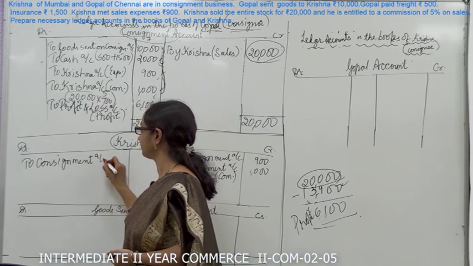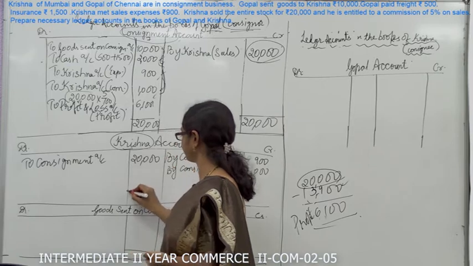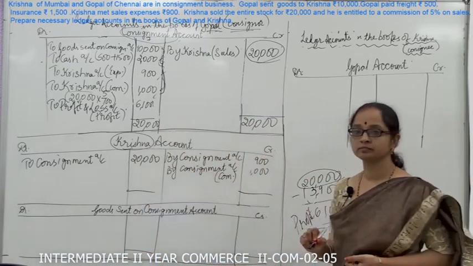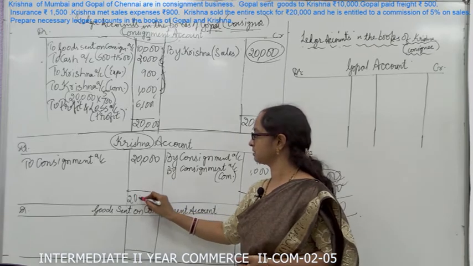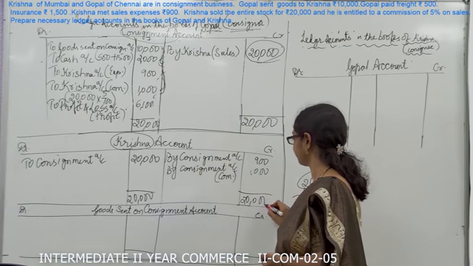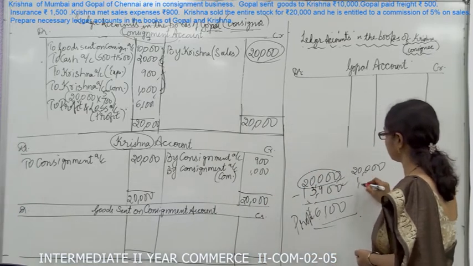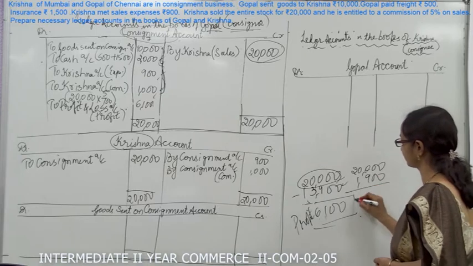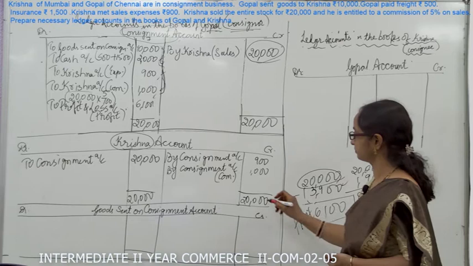To consignment account 20,000. Total it up 20,000 minus 1,900, it would be 18,100.